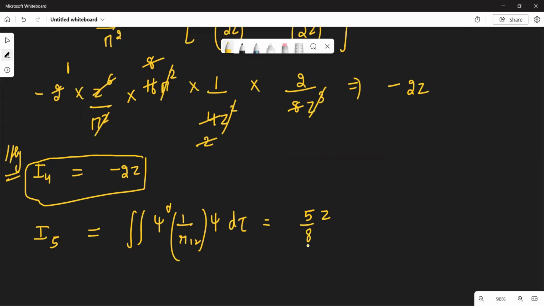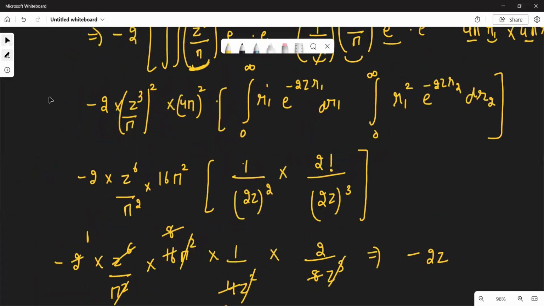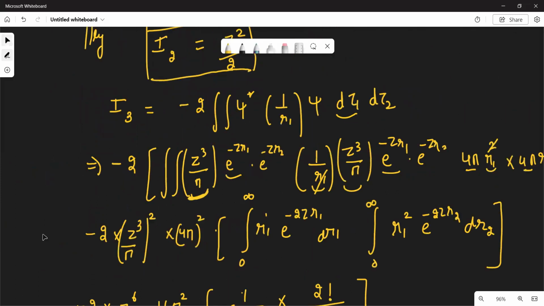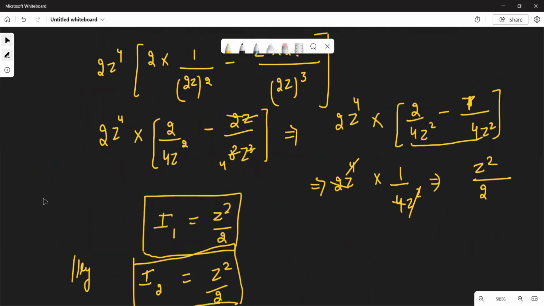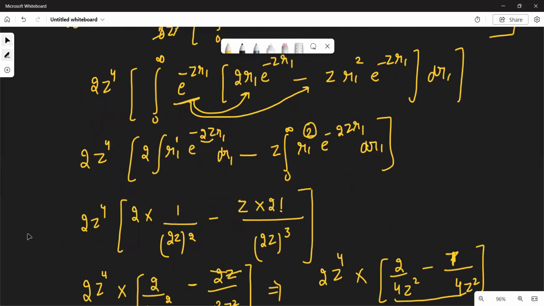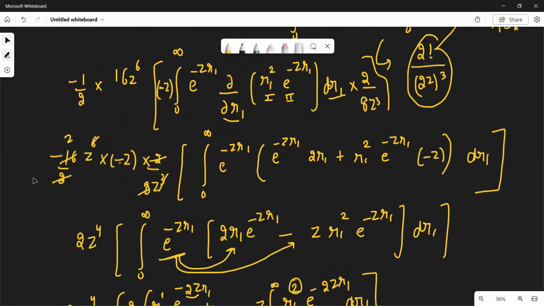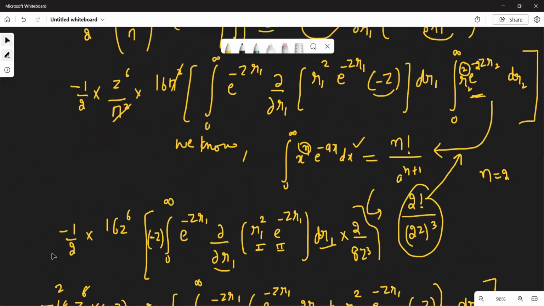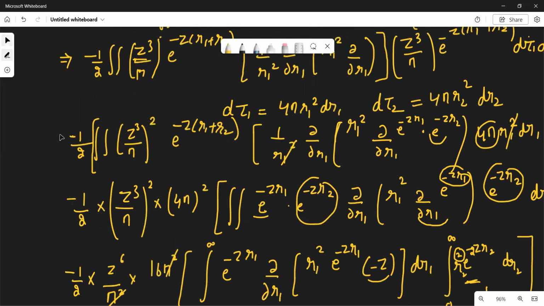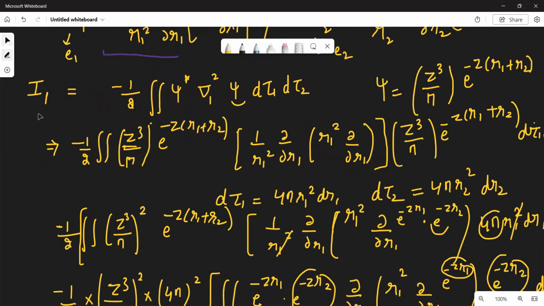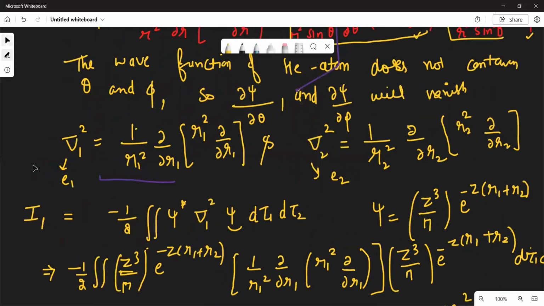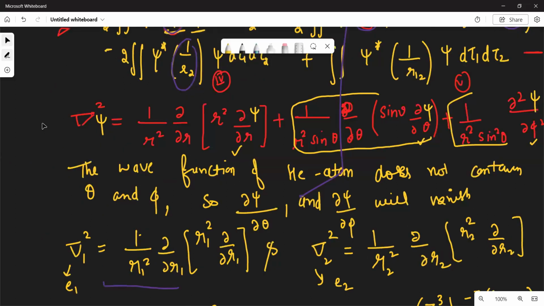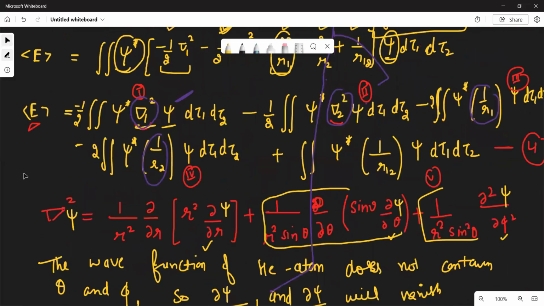Now we will substitute all these values in our equation number 4. Let me show you. So these values we will substitute in the energy equation. Please wait. Yes, here in the fourth equation.